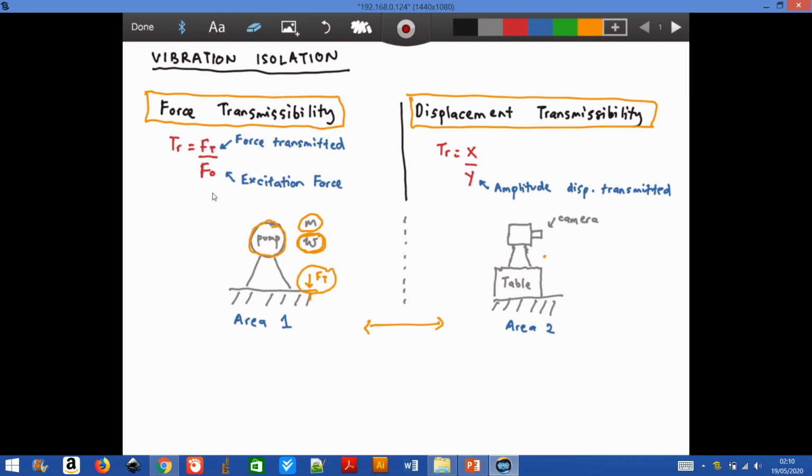Just imagine if you have a pump in one room and a camera in a second room. When the pump is running, this camera will vibrate.